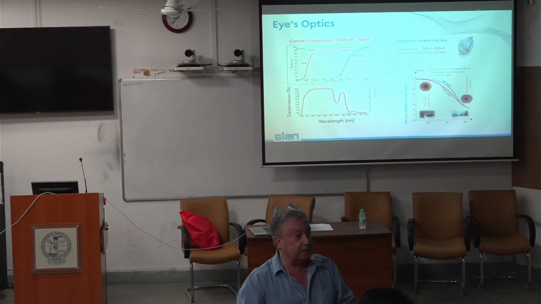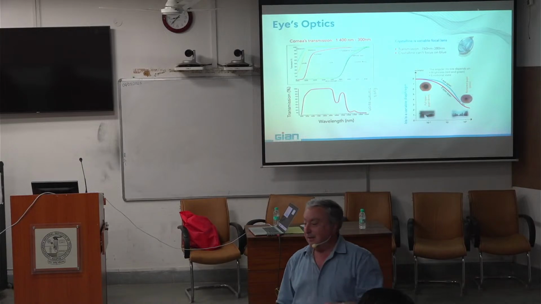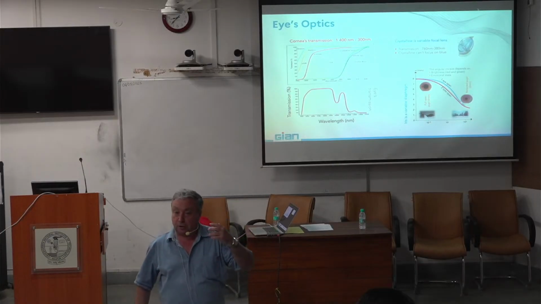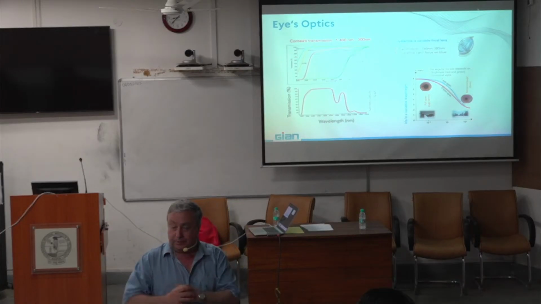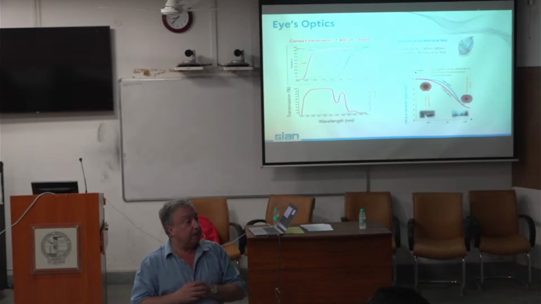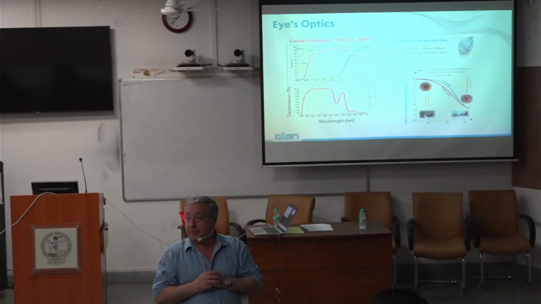Then they can change the negotiation margin. Okay, this is very interesting. It's not only automatic. It's not only a reflex, the size of the pupil, but it's also of the iris. It is also something that is controlled by the brain.